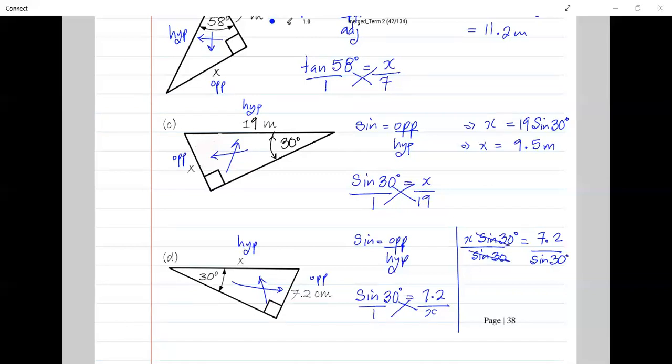Sine cancels sine over here, leaving x equal to 7.2 divided by the sine of 30 degrees. Then press equal, and what I got is 14.4 centimeters. And so x, which is the hypotenuse, is 14.4 centimeters. Please take your notes, then turn the page and attempt E and F.